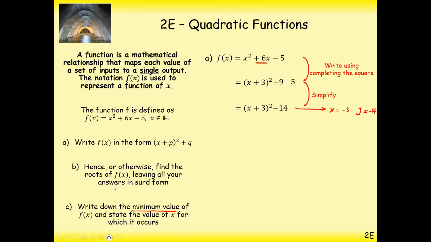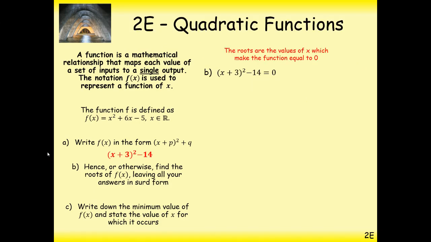All right, so let's answer part B here. You're going to set this equation equal to 0 and solve it. Setting the equation equal to 0, this is the completed square form that we completed on the previous slide.